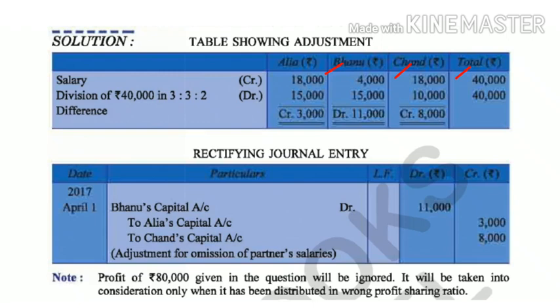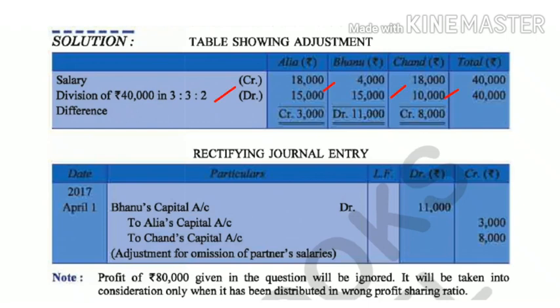Now the same amount, 40,000, you have to take back as profit, because the profit of 80,000 is already distributed. So after providing 40,000 salary, this 40,000 profit is to be taken back or debited. So profit of 40,000 is debited in the ratio of 3:3:2.